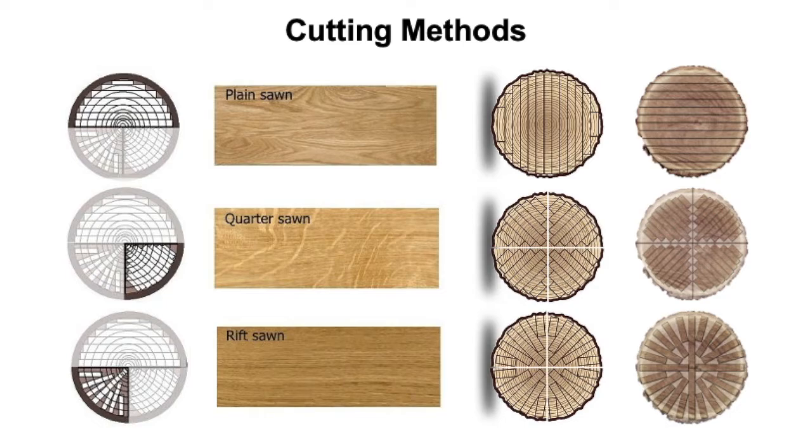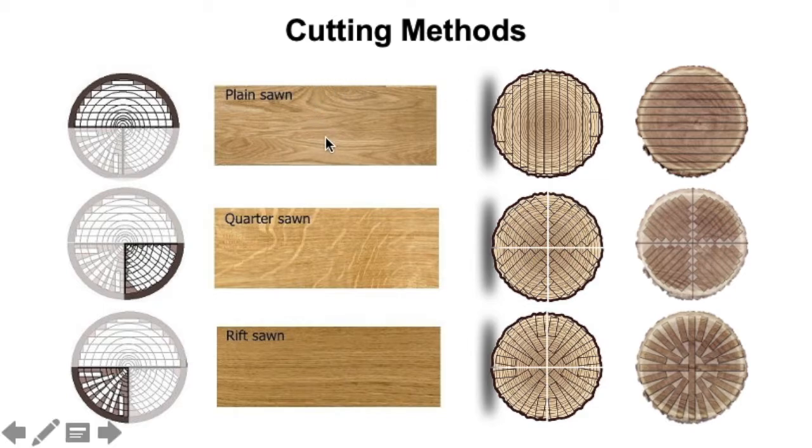The main cutting methods commonly used are these three: the plain sawn one, sometimes referred to as through and through cutting. Through and through, in that the cuts are just along the length of the log. That's why it's called through and through.